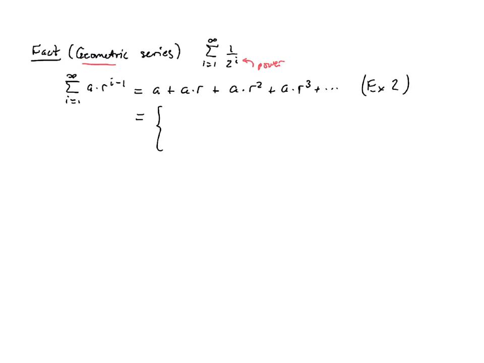So we get that the summation is a over 1 minus r, so it converges precisely when the absolute value of r is less than 1. And it diverges in all the other cases.